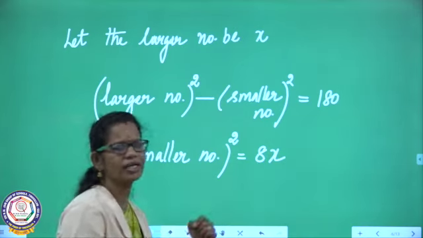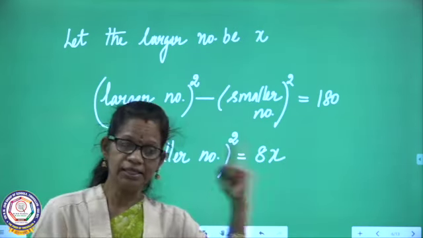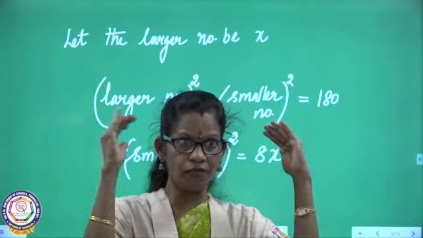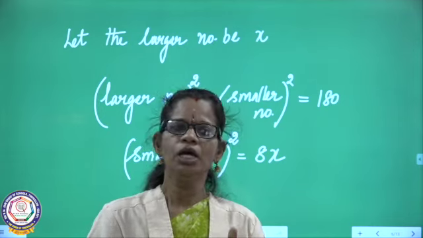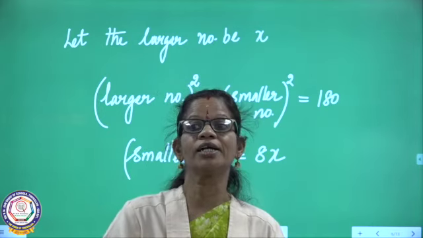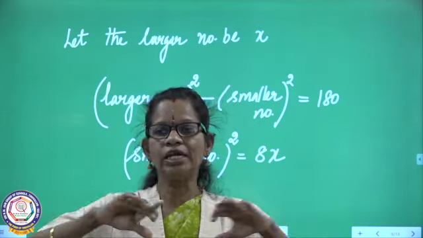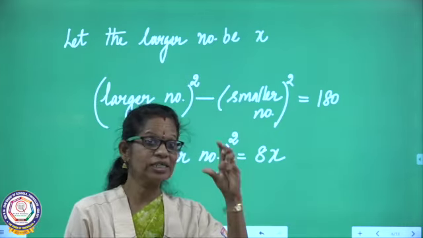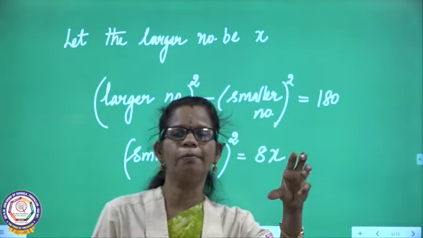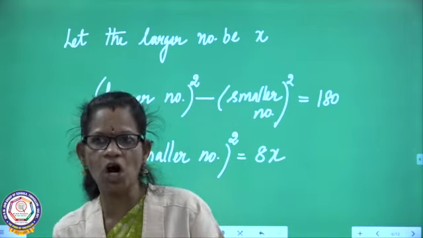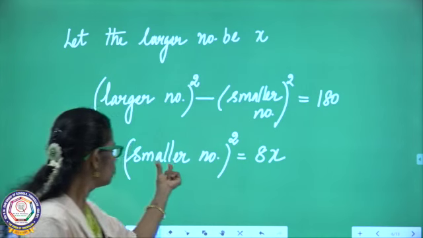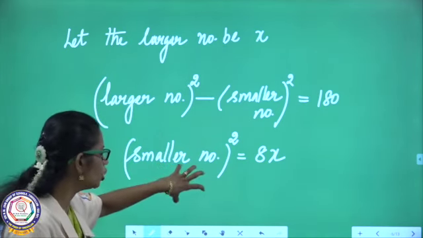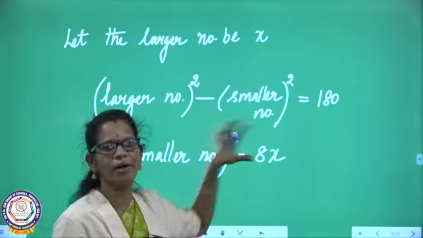8x. Why did I put x here? Because in the question, you recall the question, you have to read it twice, thrice, then everything registers in your mind. Once it is registered, you can convert everything, reach the quadratic, and solve the problem easily, right? The square of the smaller number is 8 times the larger number. Now I am going to substitute in this format.